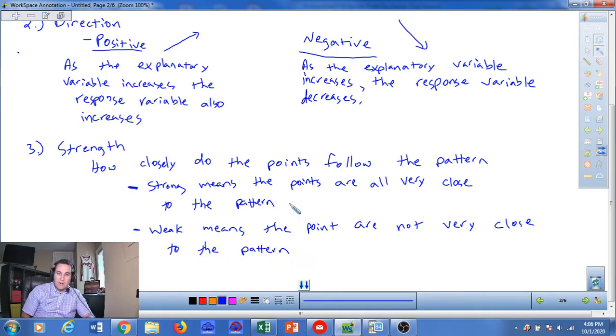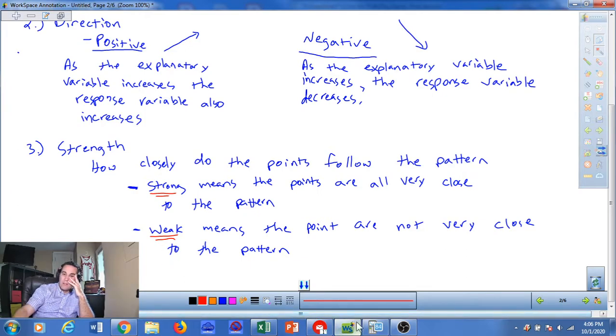And when I say pattern, I mean like the overall pattern, okay? If you're really close to that overall pattern, that would be strong. If all the points are really spread out, that would be weak, okay? And we'll practice on that, and I'll give you some examples so you can see what strong and weak look like. So we are going to refer to how strong it is.